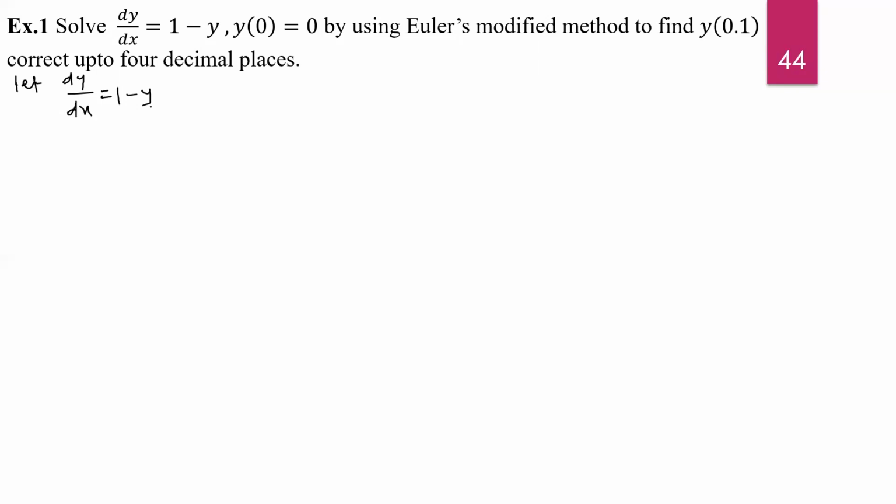That is the function. Function is f of x comma y is equal to 1 minus y. And with condition, what is the condition? Y of 0 is equal to 0.